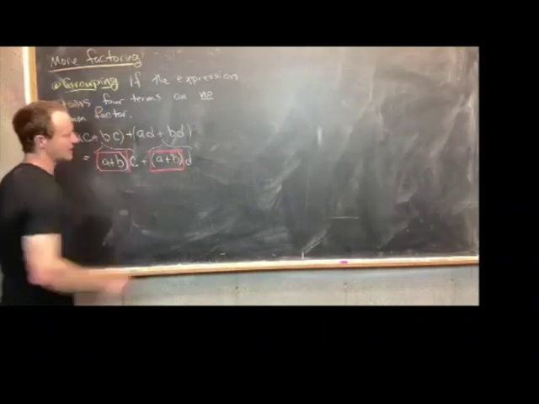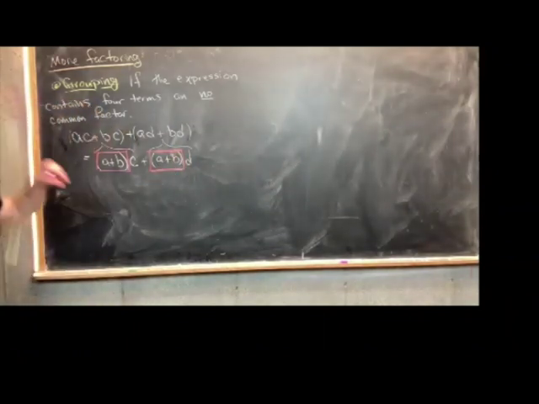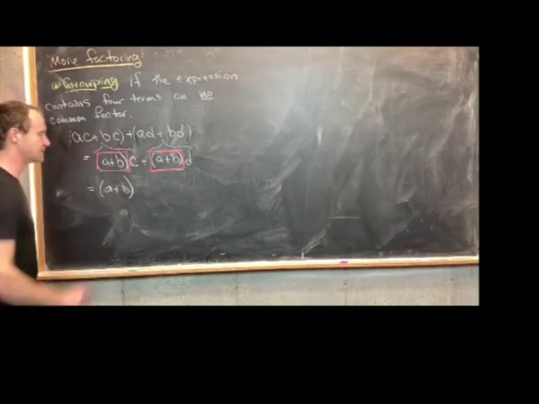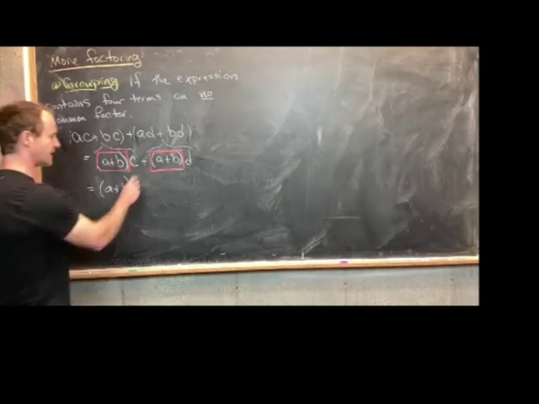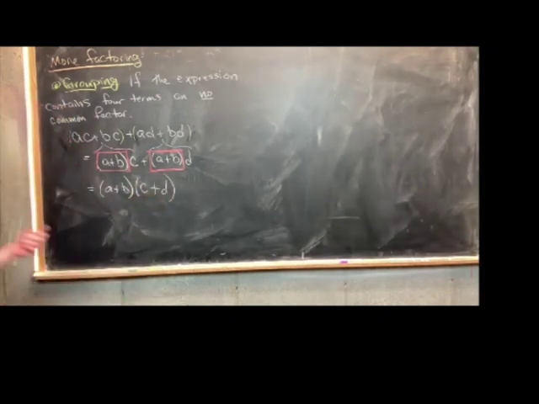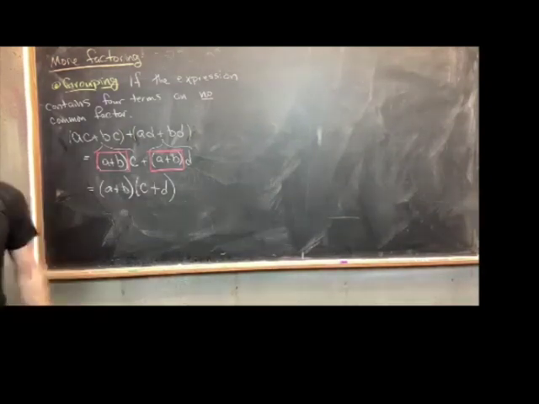If you consider it as a single object, you can factor that out of the entire thing, and that'll leave us with A plus B. If we factor it out of the first term, we get C. If we factor it out of the second, we get D. So we get A plus B times C plus D. And now notice if you were to FOIL this out, you would get back to the original. So like I said, this is important to remember, but it's not going to occur super often.